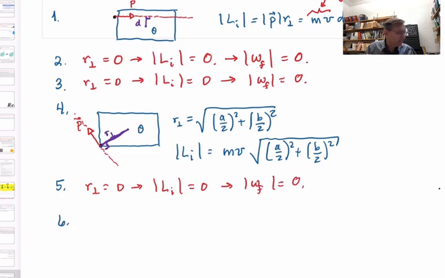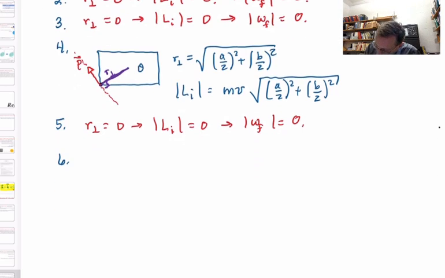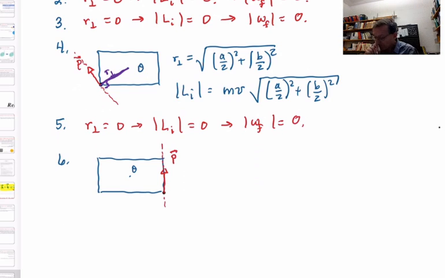On to 6. I'll draw a picture down here. There's the merry-go-round. Point O. The bubble gum in case 6 is going to hit right there. And just before it hits, its linear momentum P is directed that way.